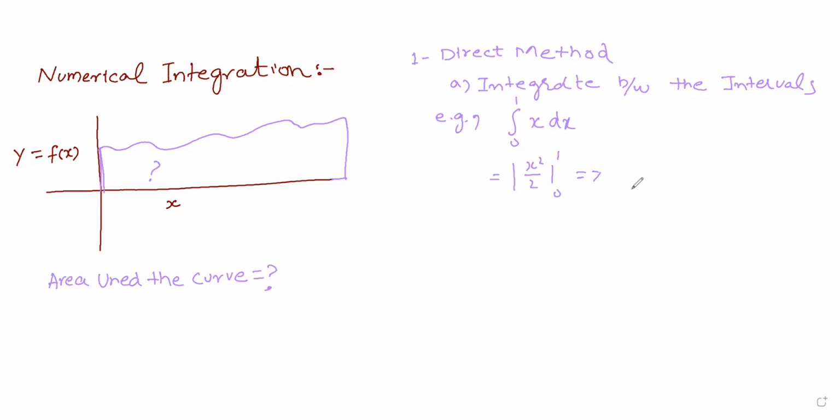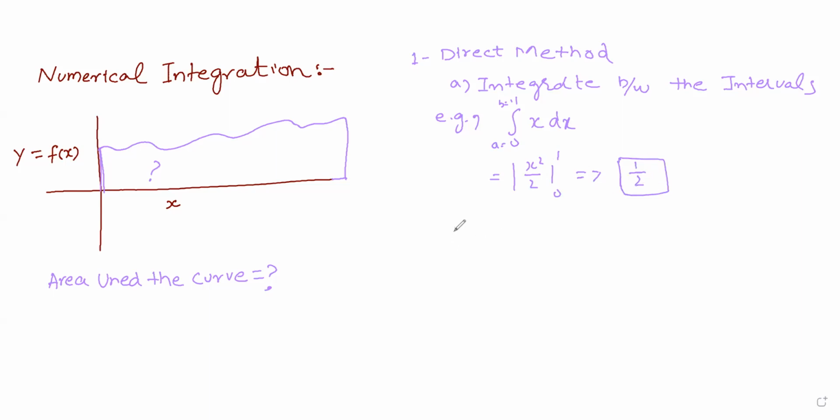It can be written as put in the value of b first and then subtract the value of a. Here a equals 0 and b equals 1, so we put the values in. It is 1 squared by 2, just 1 by 2, because the 0 term vanishes. This will be your answer. So the area under the curve will be 1 by 2.